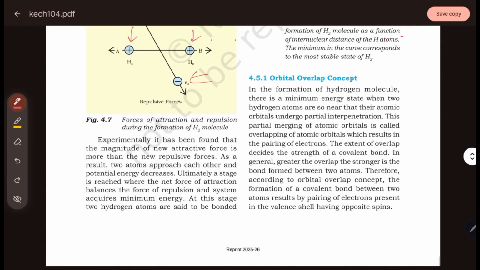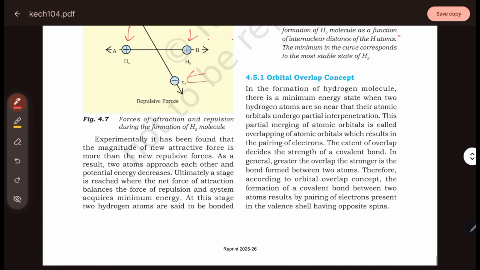Next, moving on to the orbital overlap concept. Just now I said the atomic orbitals approach each other and there is a partial merging of atomic orbitals which is known as overlapping, and under this overlapping scenario, the covalent bond occurs. Always remember, the extent of overlap decides the strength of the covalent bond.